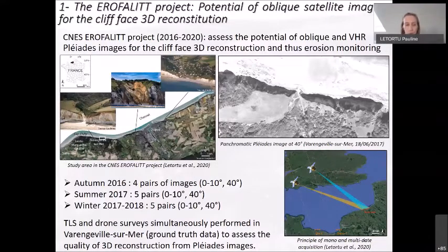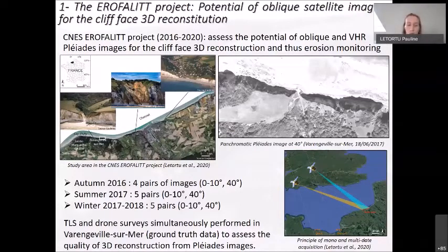We implemented our approach in an emblematic research site, the limestone cliffs around Dieppe in Normandy, where we had ground truth data, but this site is really challenging for satellite imagery due to its northern orientation, not prone to image acquisition from meridian orbit satellites such as Pleiades, due to the shading on the cliff face, viewable on the slide, and due to often disturbed weather conditions. But if it works here, it will work anywhere.